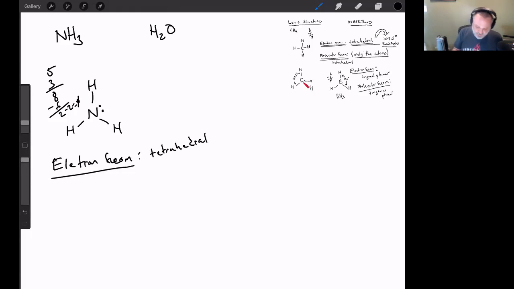electron geometry. But I want you to notice, does this look like a tetrahedron? No, the answer is it really doesn't look like a tetrahedron. And that's because when we draw pictures of Lewis structures, they're not really related to the actual geometry of the molecule.